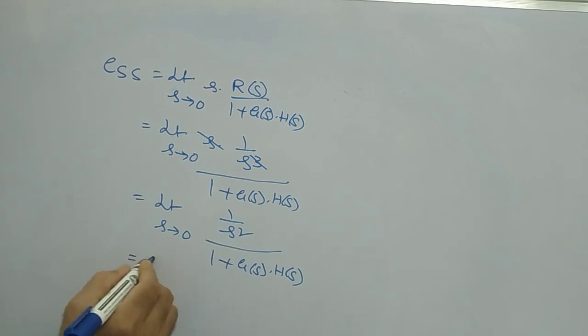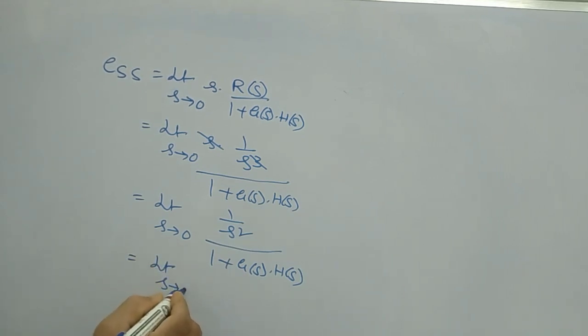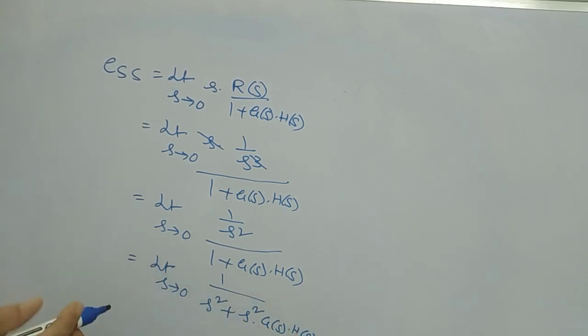Further this can be written as limit s tends to 0 of 1 by s square plus s square into G of s into H of s. Clear? Now apply the limit value here as we applied in the previous section for the unit ramp. If you apply s tends to 0, then this part becomes 0 and only the other part remains.